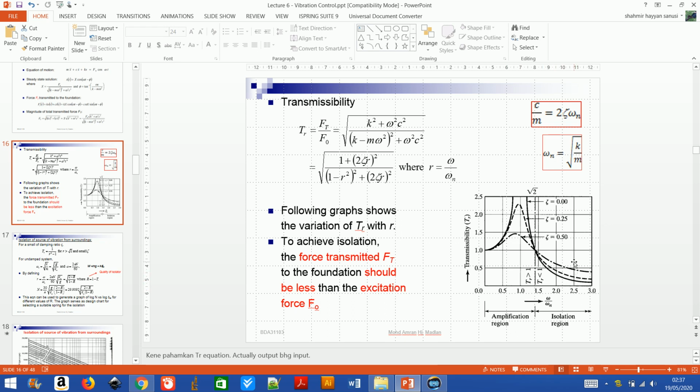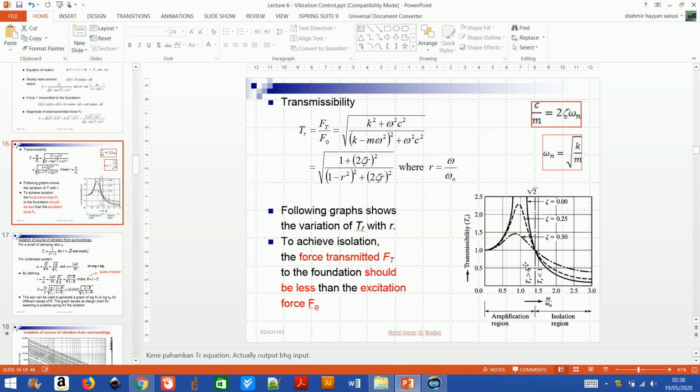Okay? And from here, we can also say that from this plot, in order to get the lowest transmissibility ratio for R larger than square root of 2, I must choose lower zeta.